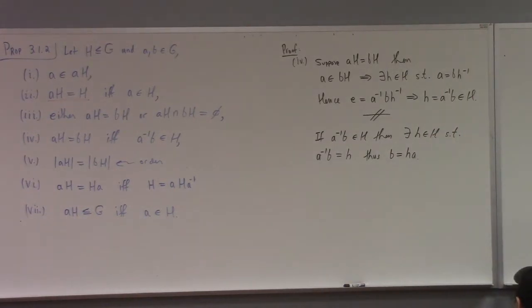But perhaps I could have used part of 1, 2, or 3 to prove this. I'm ignoring them at the moment, just trying to prove it directly. Not the greatest practice, but it's what I'm doing. So what am I trying to do? I'm trying to show AH equals BH.